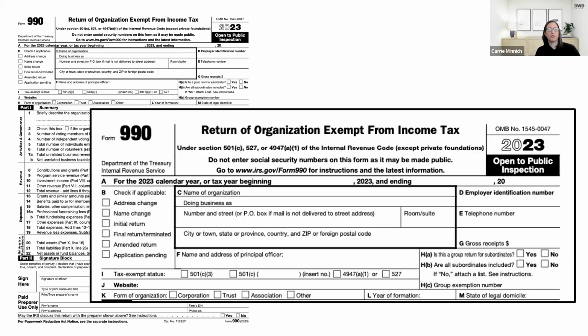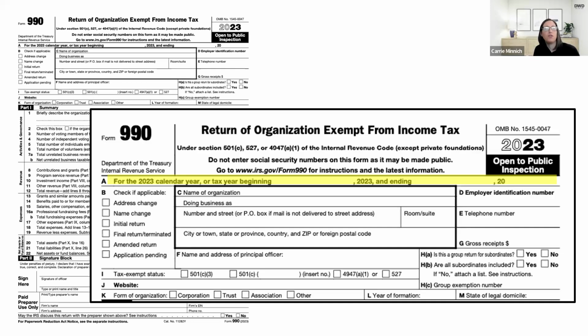So when we look on the first page of the 990, we're looking at the core form here. In the header, we want to make sure that we are putting the proper year on this return. If you're a calendar year, it's pretty easy. The little number there in the top, the year 2023, if you're a calendar year 2023, that's the form you file. Now, for those organizations that are fiscal years, it's going to be off a little bit.